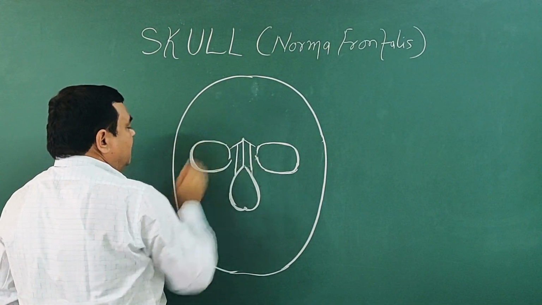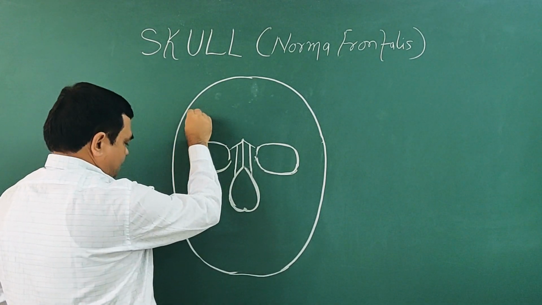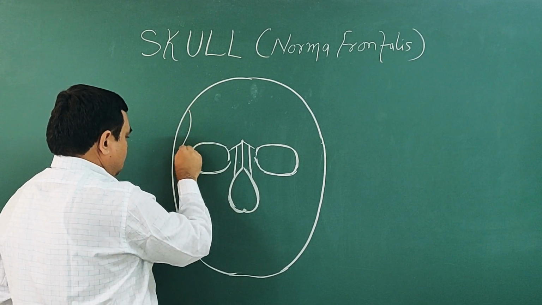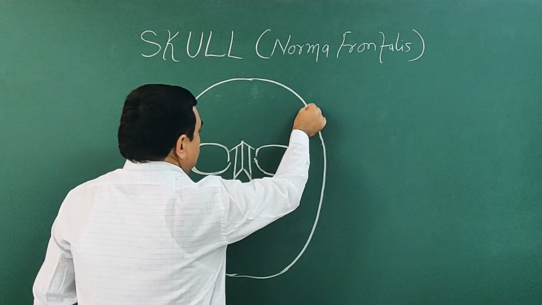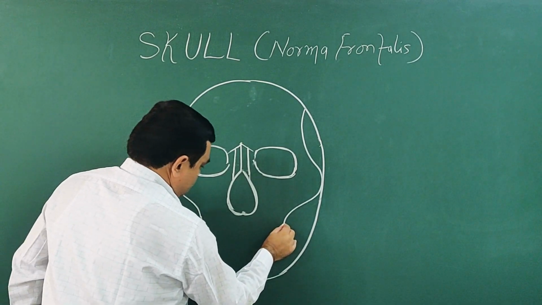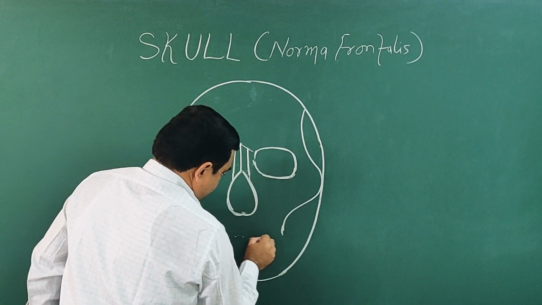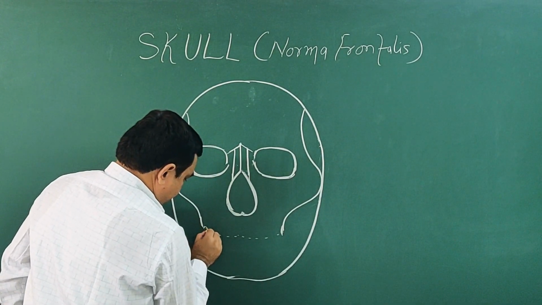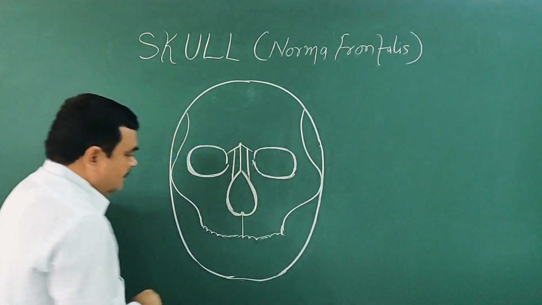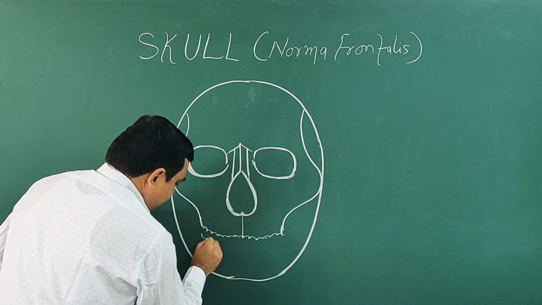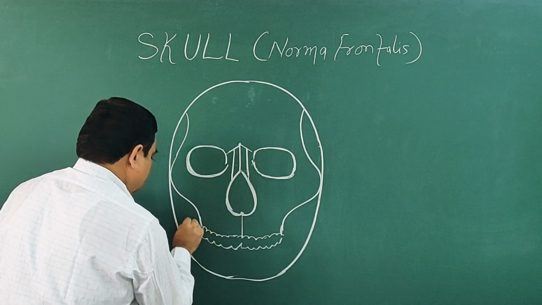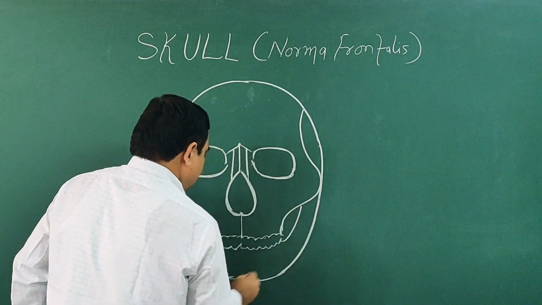This is the frontal bone, and here you can see the maxilla. This is the mandible.